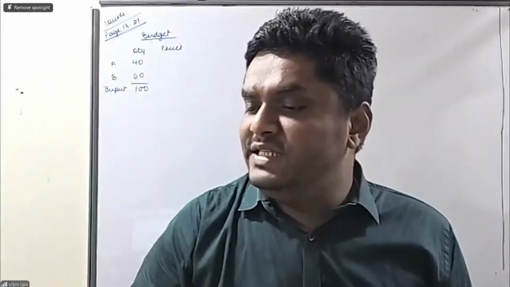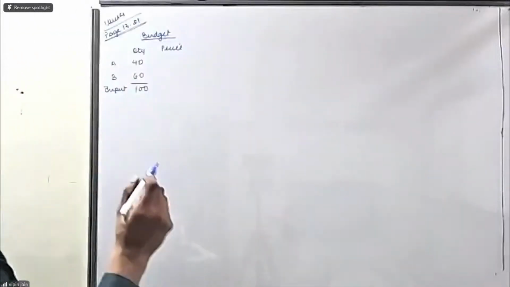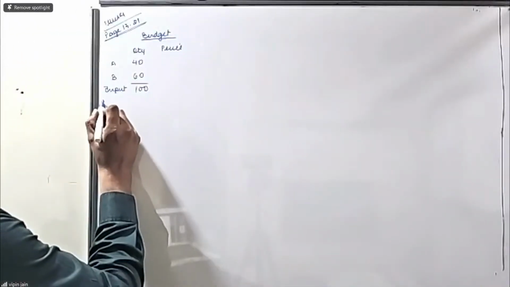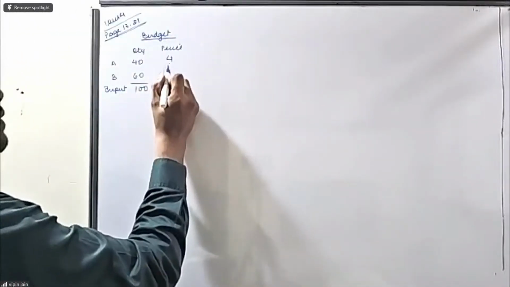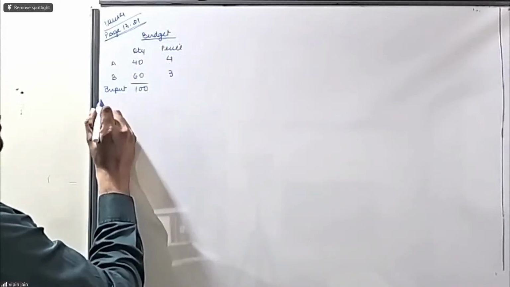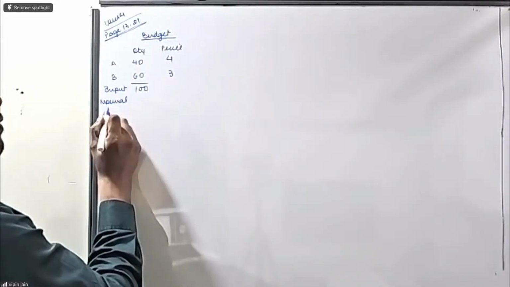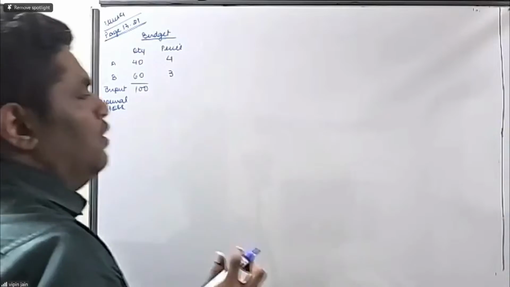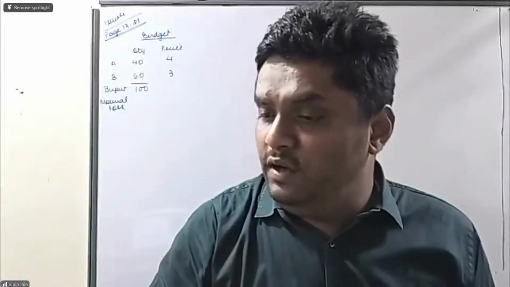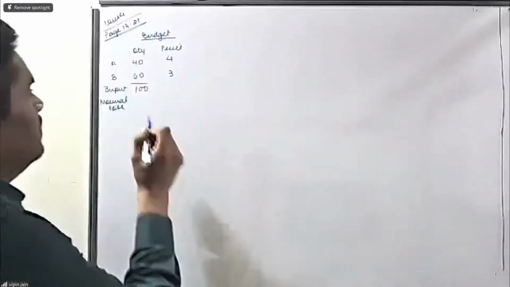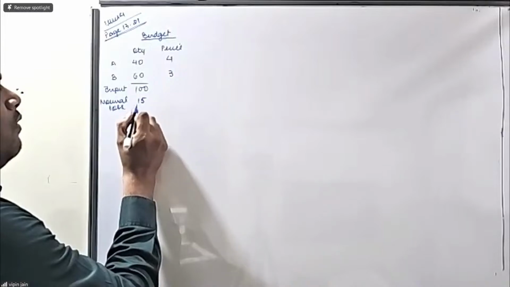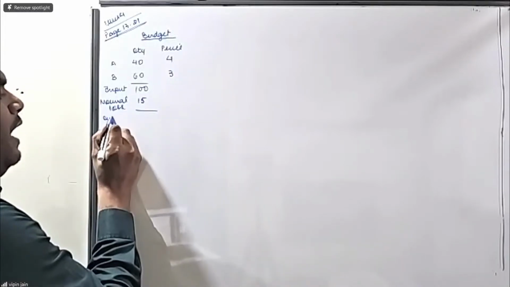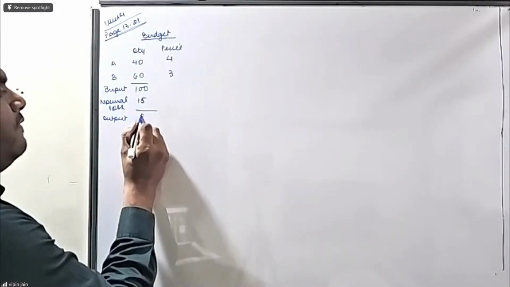My standard price is 4 and 3. Normal loss is 15% of inputs. So my output will be 85.